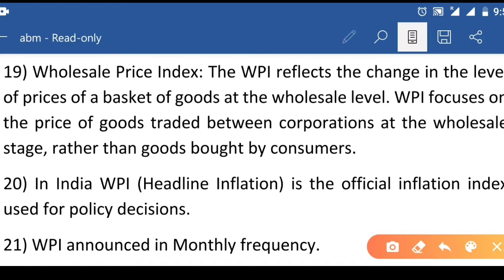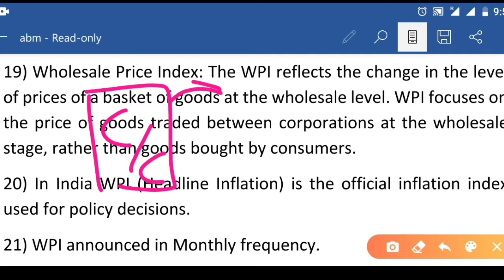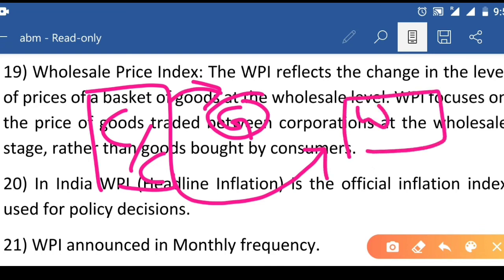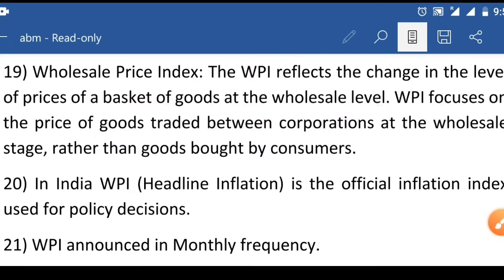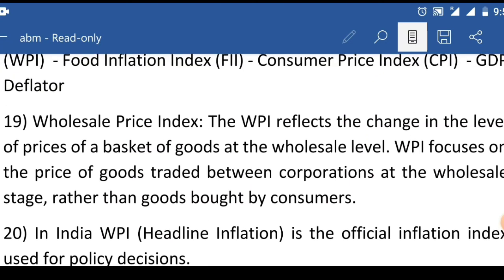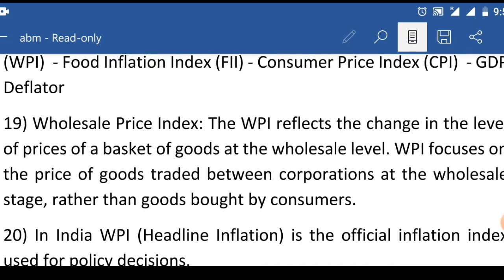For example, companies or corporations produce goods, and initially they sell these goods to wholesale customers. If the price levels are calculated at this wholesale level, then that price index is called the wholesale price index. Here we are calculating the prices at the wholesale level, not at the consumer level.